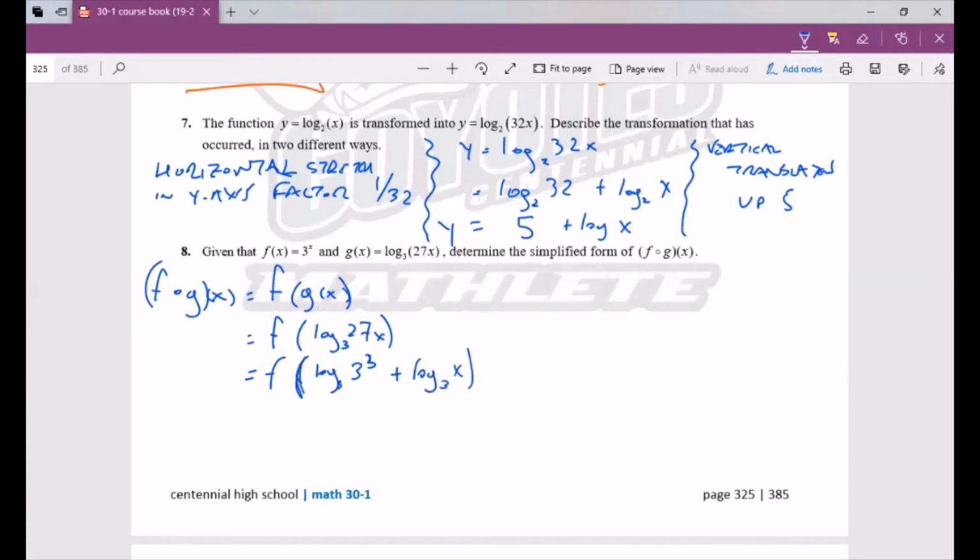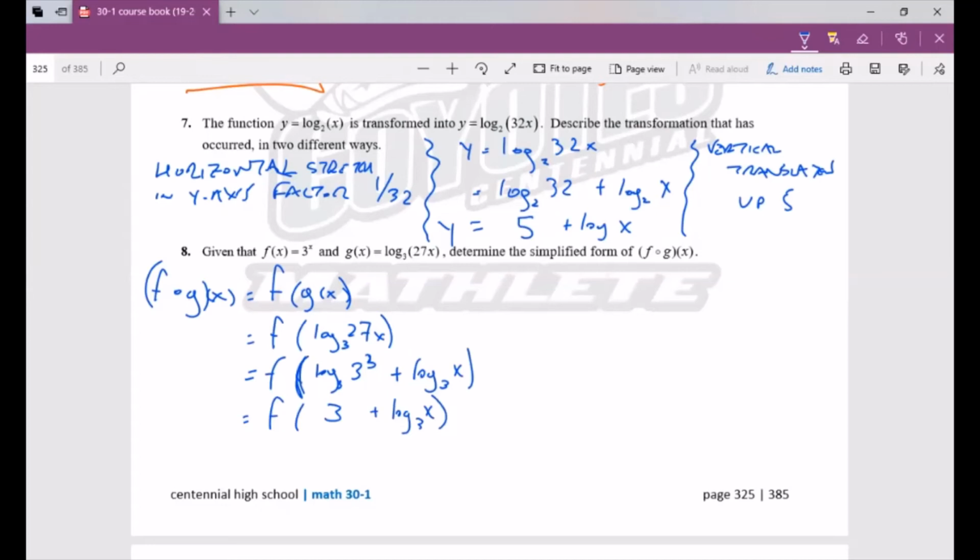So I did two things in that step. I broke apart the 27 and x, and then I wrote 27 as 3 cubed, so that this is equal to f. This whole first expression is just 3 plus log x base 3.